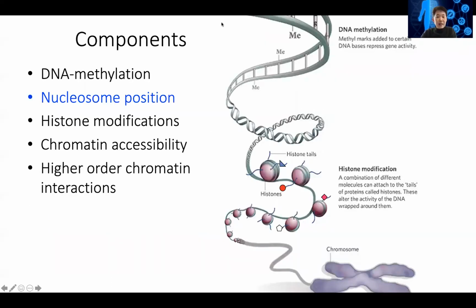In the last lecture, we discussed DNA methylation, which are modifications on the DNA directly, but there are different levels of epigenetics, and the very first level is the nucleosome.